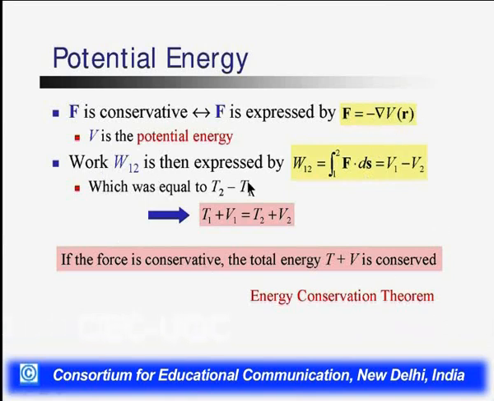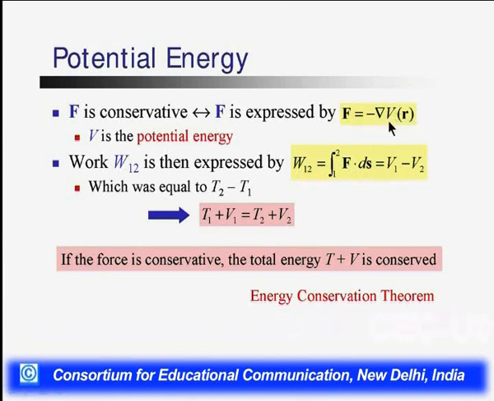Now the work function is expressed by W12, with the particle moving from 1 to 2. We are not considering the closed loop, but the path of the particle from 1 to 2. The starting point is 1 and the ending point is 2. Then the work function, the integral from 1 to 2 of F ds, is equal to V1 minus V2.